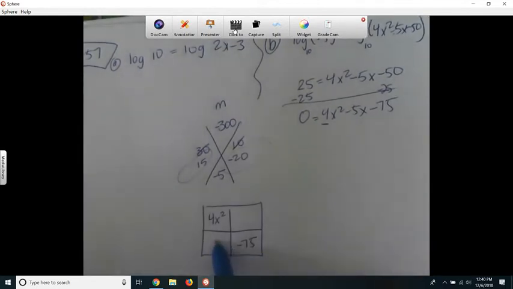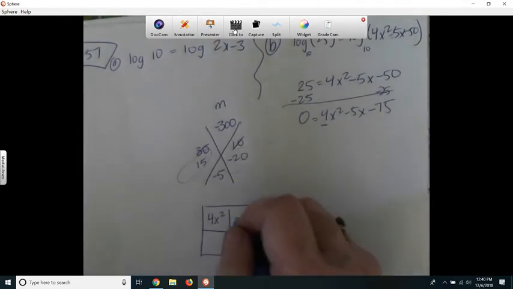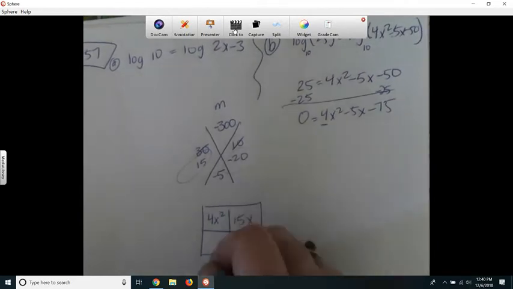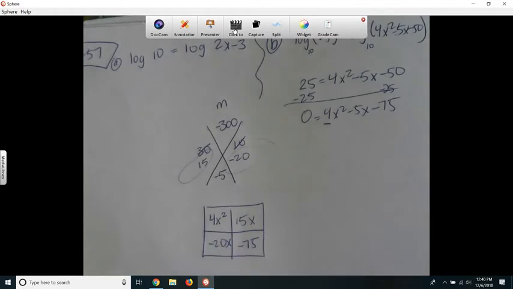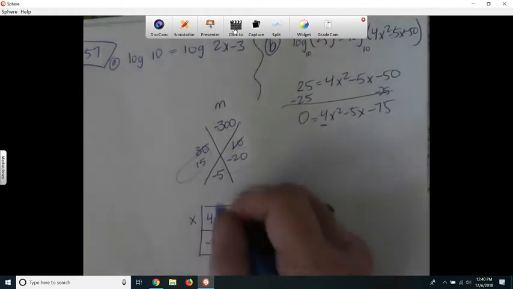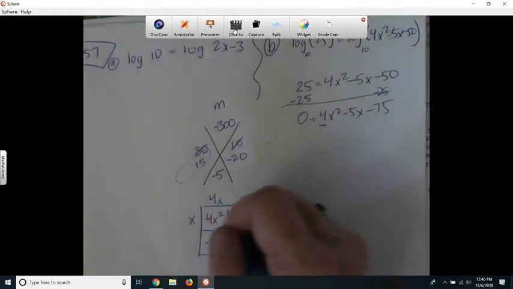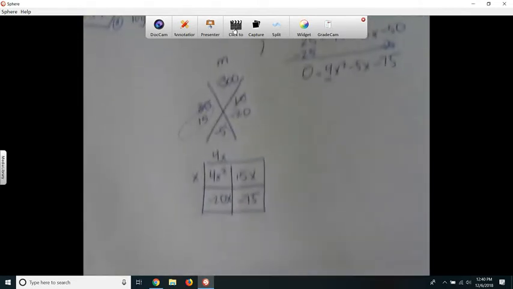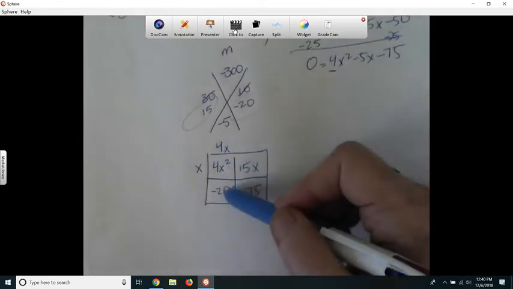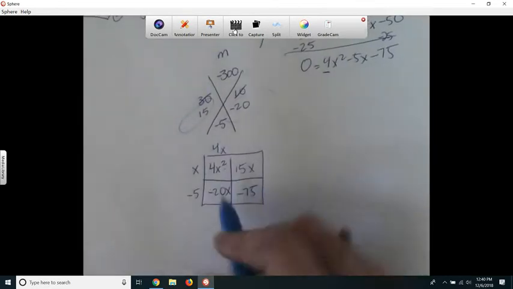Okay, so then my two numbers that I found were 15 and negative 20. And then I just go ahead and do that thing like I put something times something. It's the area model. So that times that makes what's inside the box. And then 4 times negative 5. Right?